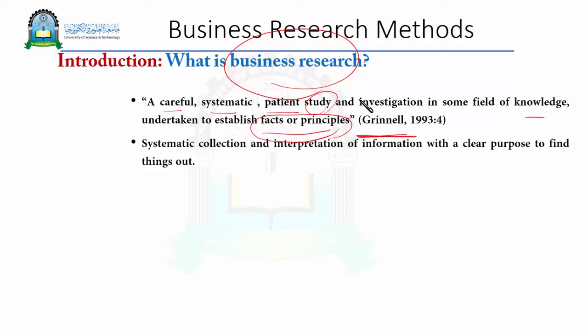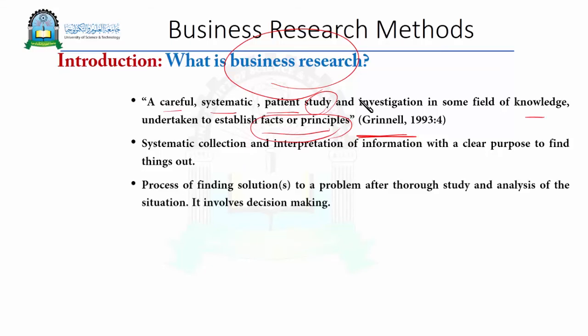Another definition, by another author: a systematic collection and interpretation of information with a clear purpose to find things out. So collect data, analyze this data, interpret this information with the purpose of finding and developing new things.